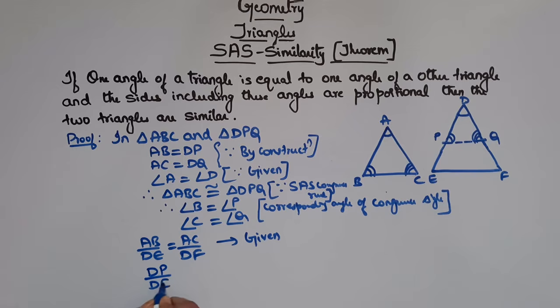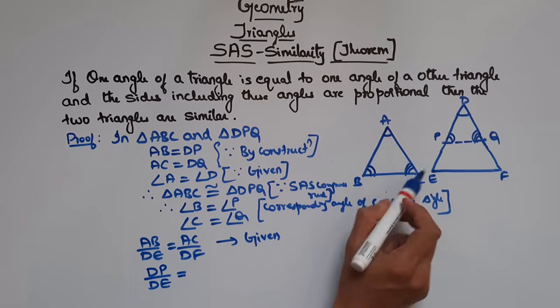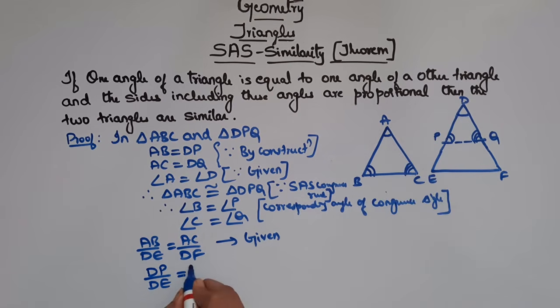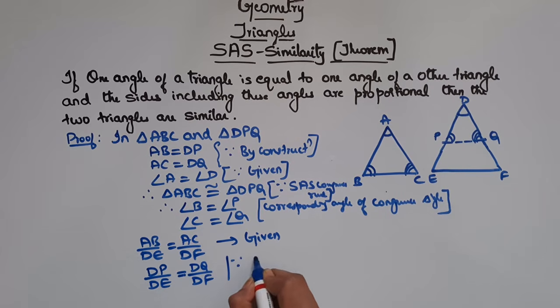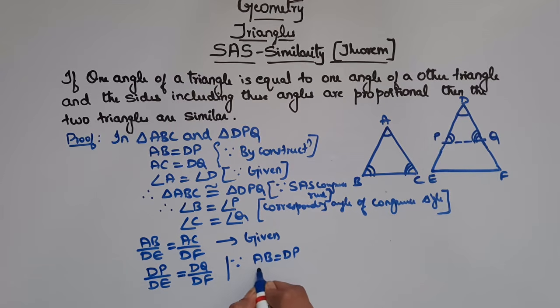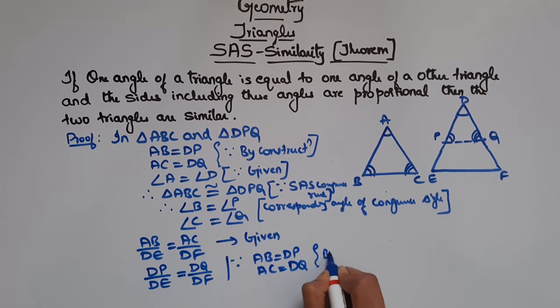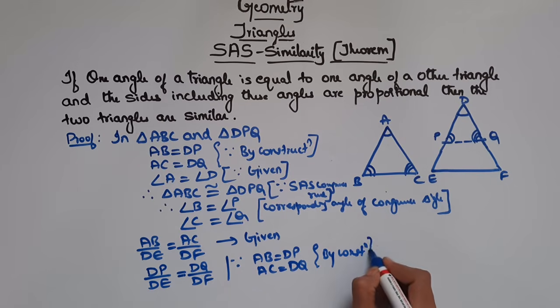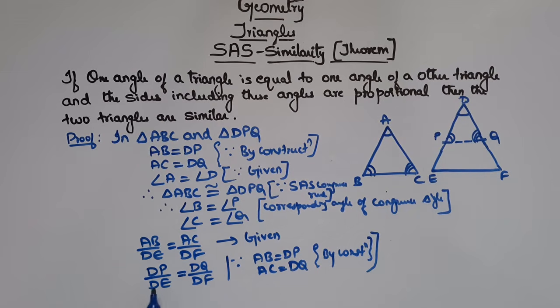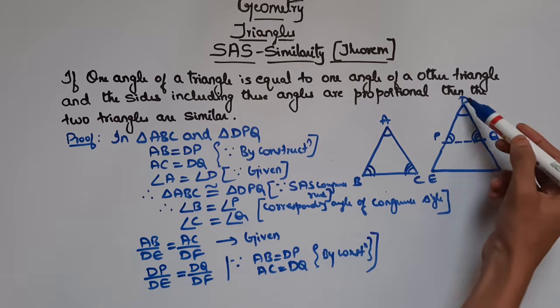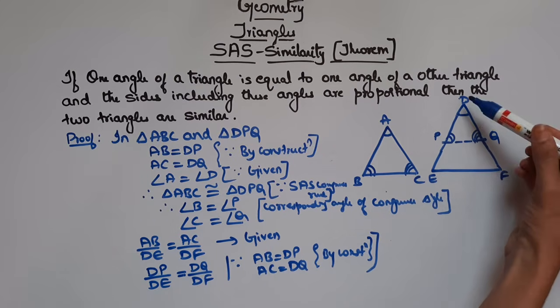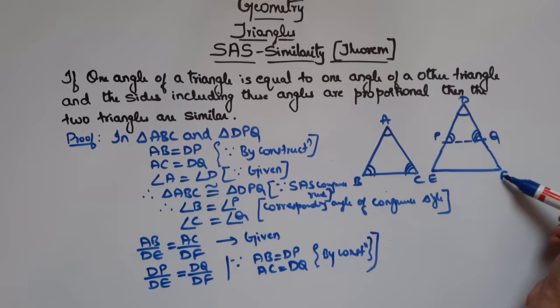So DP by DE is equal to AC can be replaced with DQ by DF. Since we know AB is equal to DP and AC is equal to DQ by construction, right? So now if you see DP by DE, so DP by DE is equal to DQ by DF.